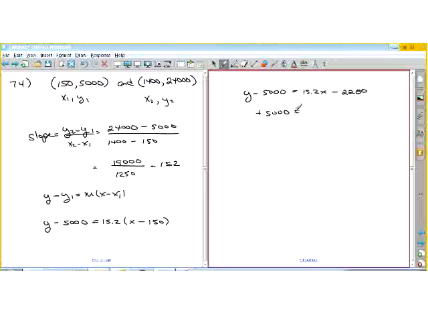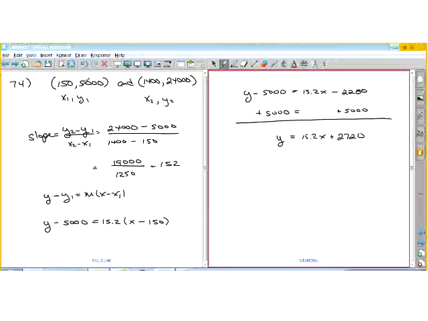And then we want to solve for y to get in the slope-intercept form. So we're going to add 5,000 to both sides to make this go to 0. So you get y is equal to 15.2x plus, so we get 5,000 plus a negative 2,280, 2,720.